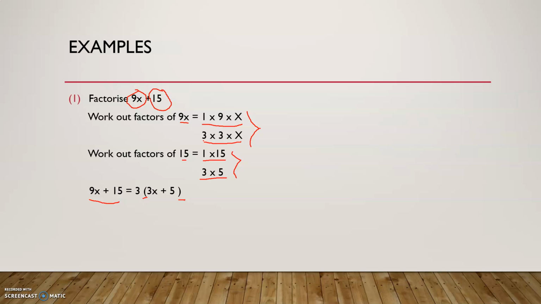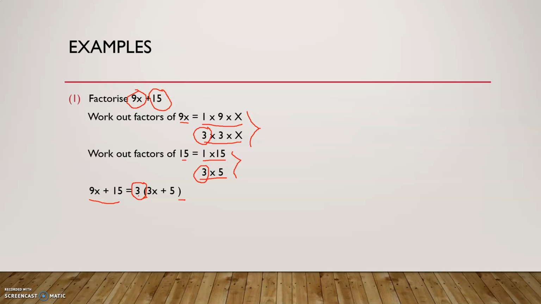If we look at 3, we go 3 here and 3 here as well, which means 3 is common. We go x, but there is no x on this one, which means only 3 is the highest common factor, which we can take out of the bracket.